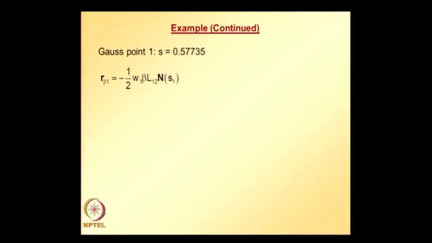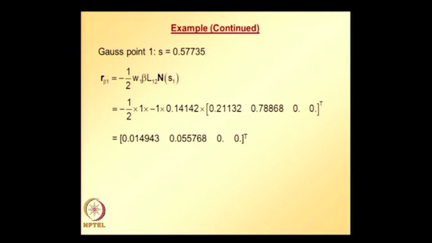So, this is the first point, and the weight at this point is equal to 1. So, evaluate all the quantities, that is the integrand at this integration point, by substituting s equal to 0.57735. Simplification of that gives us this.